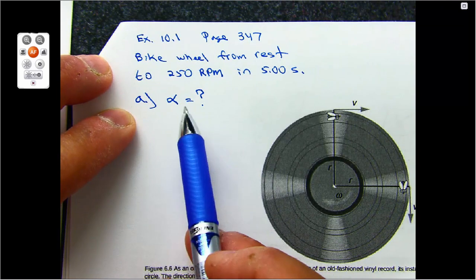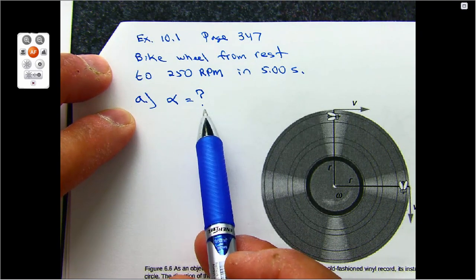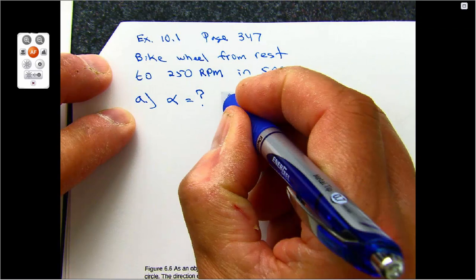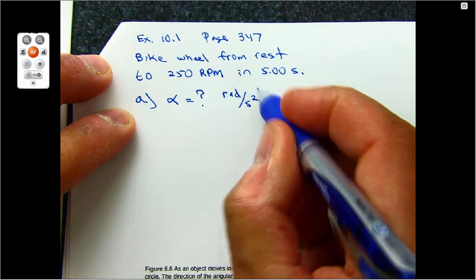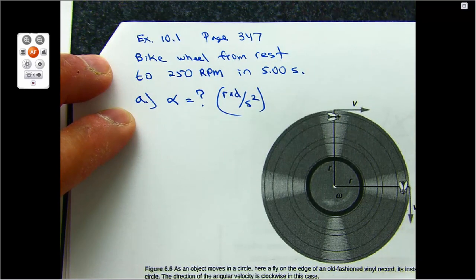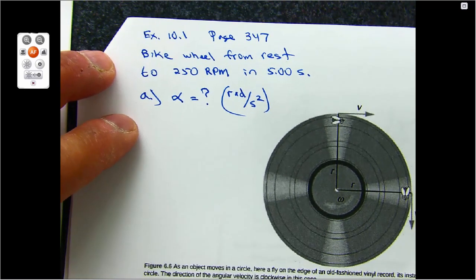Rotational acceleration should be in what unit when we're all done? Radians per second squared, correct? How do we know if it's asking for a linear in a circle? It will say linear in the wording.